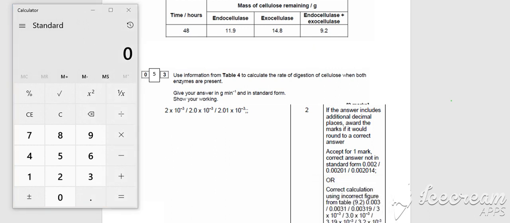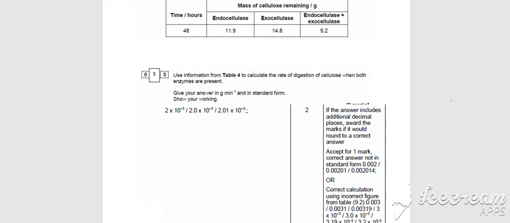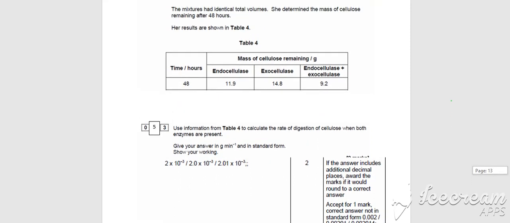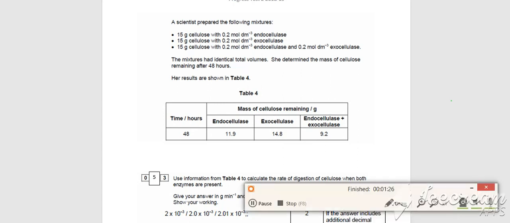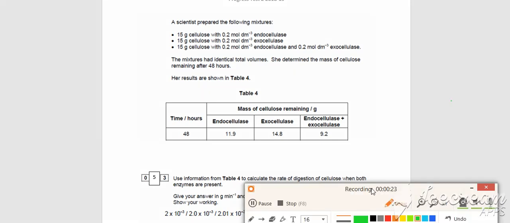Question 5.3. Use the information from Table 4 to calculate the rate of digestion when both enzymes are present. So looking at our table, we are using the endocellulase and the exocellulase numbers.